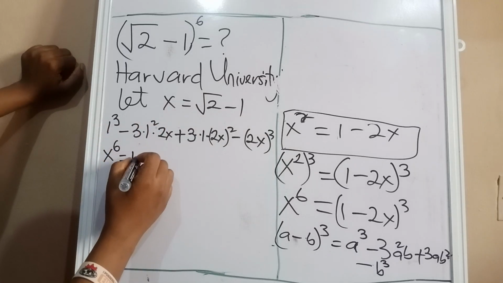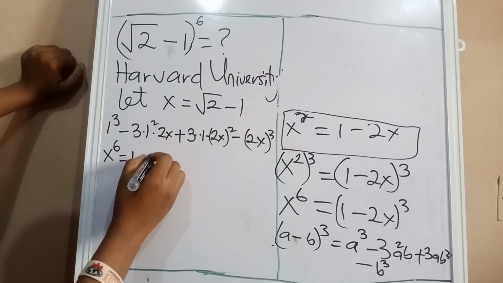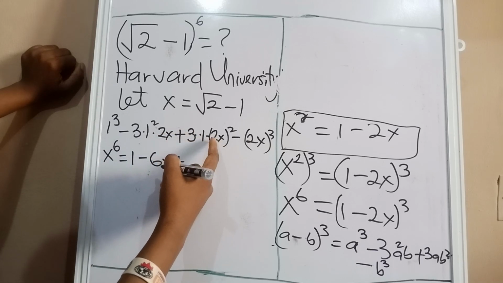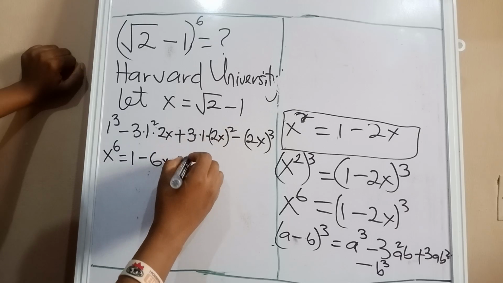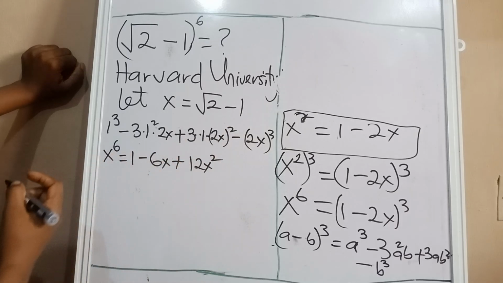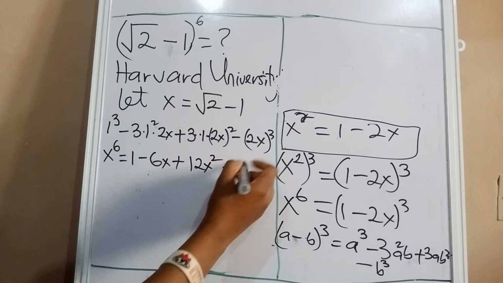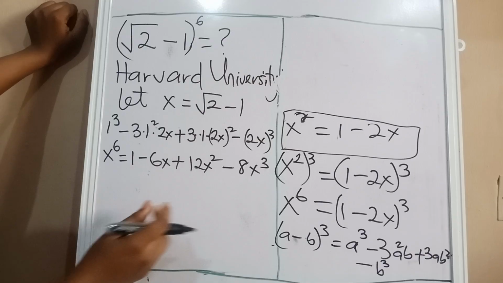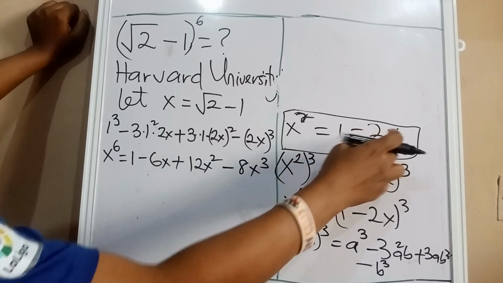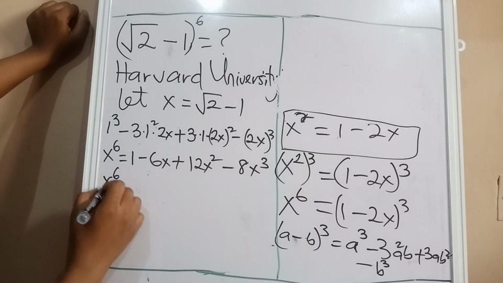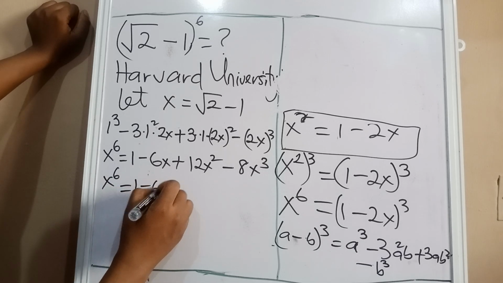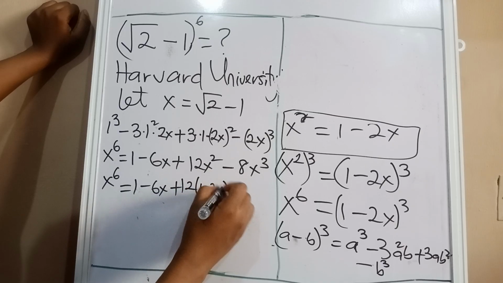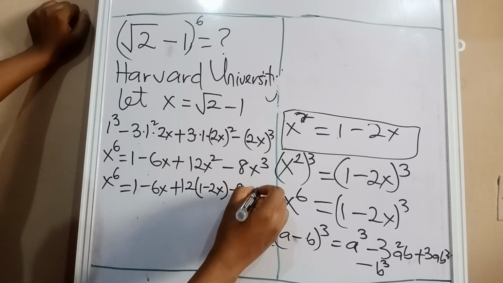This gives us 1 minus 6x, plus 12x squared, and then minus 8x cubed. Now wherever we see x squared, we're going to put this value. x to the power of 6 equals 1 minus 6x plus 12 times (1 minus 2x) minus 8x times x squared.